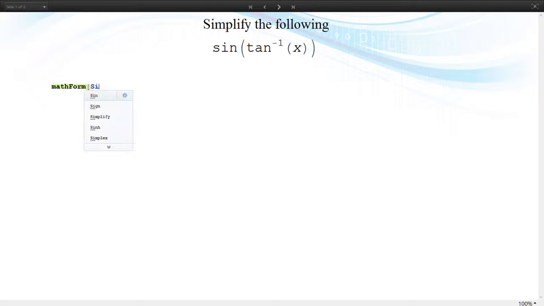Sine of arctangent of x is equal to x divided by the square root of x squared plus 1.